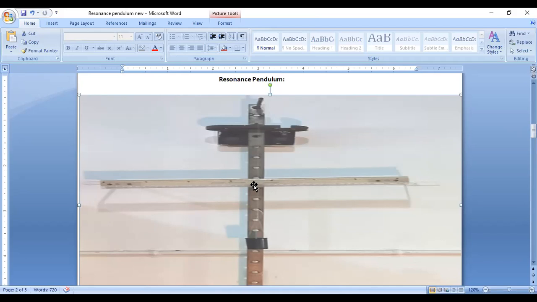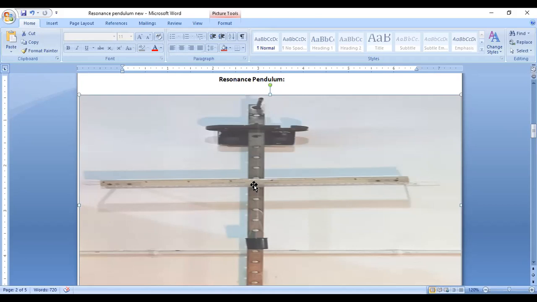Once you focus the thread of the simple pendulum, you can see there is a scale behind the thread. The scale also will be visible. You focus the telescope very carefully so you can see the thread along with the scale.